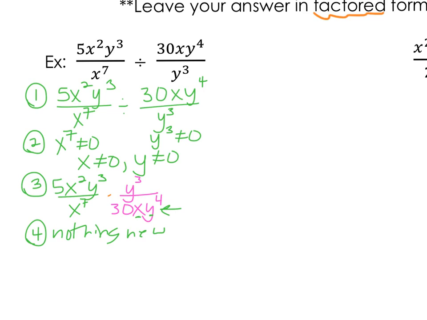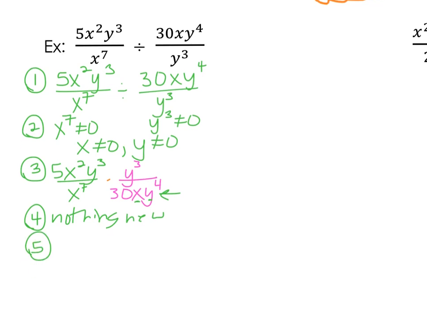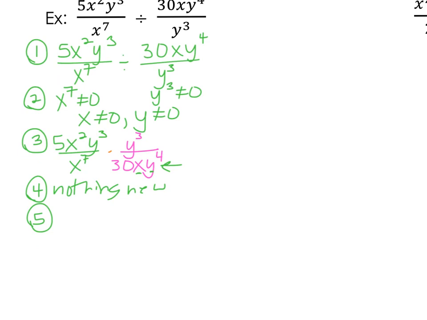So then step 5, we're going to look at taking any numerator and crossing it off with any denominator. But for problems like these, when there's no addition or subtraction, I like to actually take this and multiply it straight across, applying our property rules for exponents from chapter 5. If we have 5x squared y cubed times another y cubed, that would give us 5x squared y to the 6th.